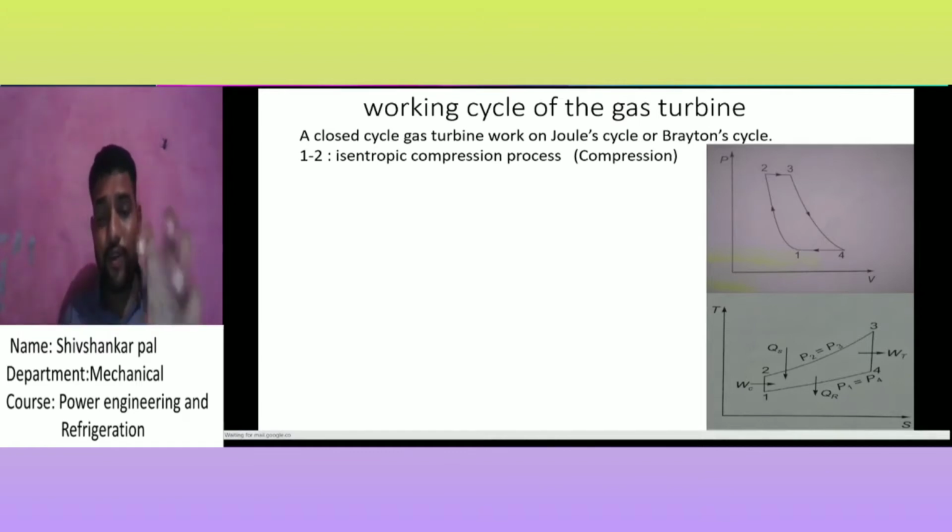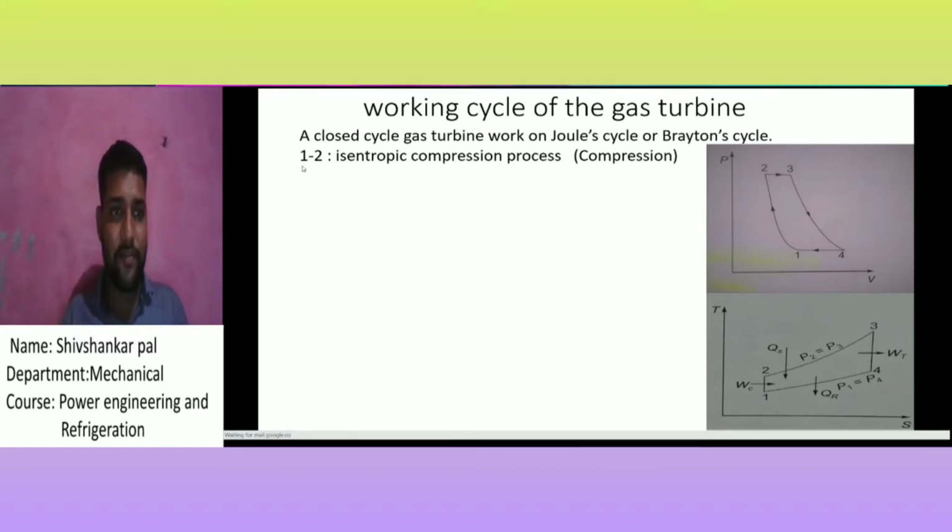In the Joule cycle the working fluid is steam, but in the Brayton cycle the working fluid is gas. That is different, but all four processes of both cycles are the same. The PV and TS diagrams are also the same.